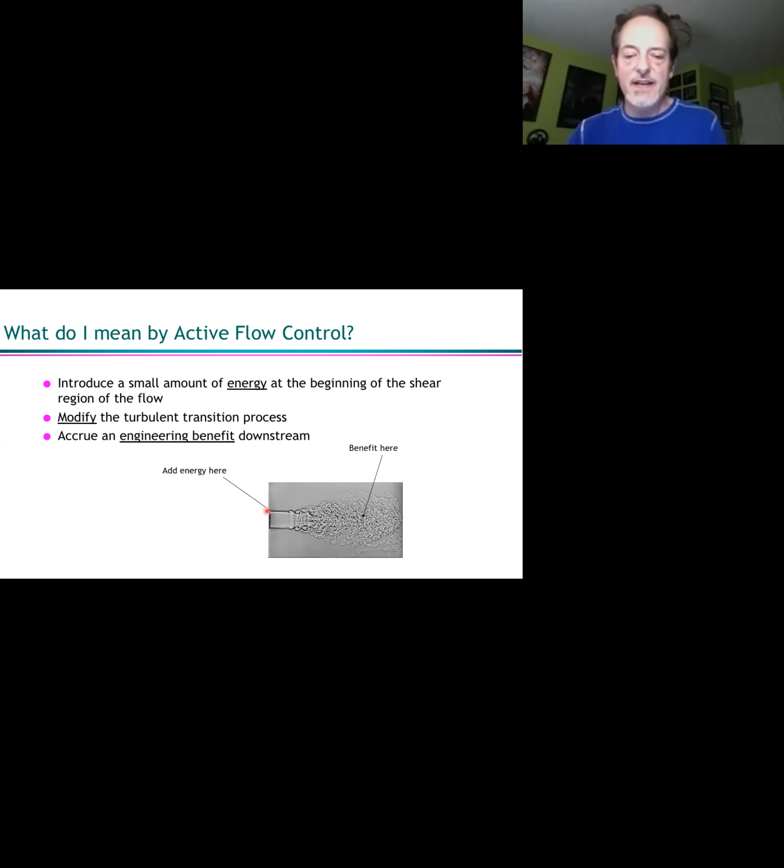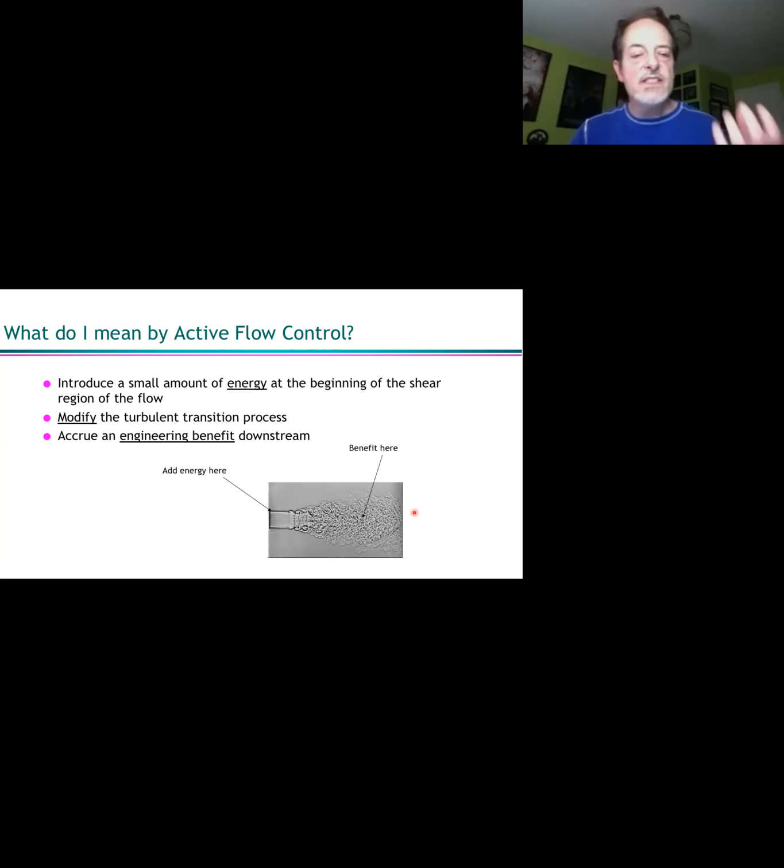So what's not shown here is there's some sort of a nozzle, right? So there's a nozzle and this jet is emanating from it. So typically you would add some sort of energy right at the nozzle. You kind of need a spot to mount your hardware, frankly. And so most of the time people put whatever they're using to affect active flow control basically somewhere in this location, right at the beginning of the shear region of flow.